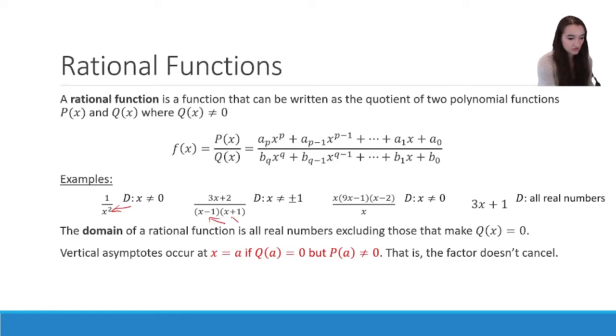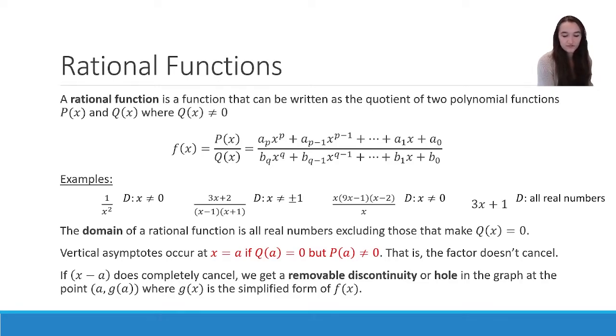Factors don't cancel here, so we're getting 2 vertical asymptotes for both of these x values. But this x is going to cancel, so in fact, we don't get a vertical asymptote. And this one, once again, there's no problems in our division because there is no obvious division, so we don't have any vertical asymptotes.